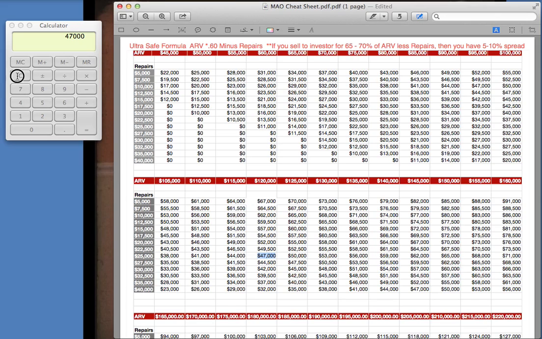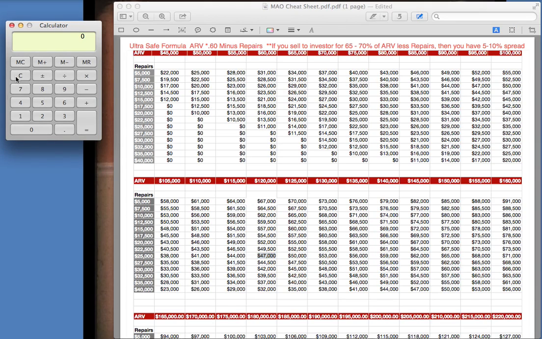Now, what are you going to sell the house for? That's not on this worksheet, but the formula is basically the same. You just use a different calculation. You're going to sell to your investor. Remember, up here, you're going to sell to your investor for 65 to 70% of ARV minus repairs.